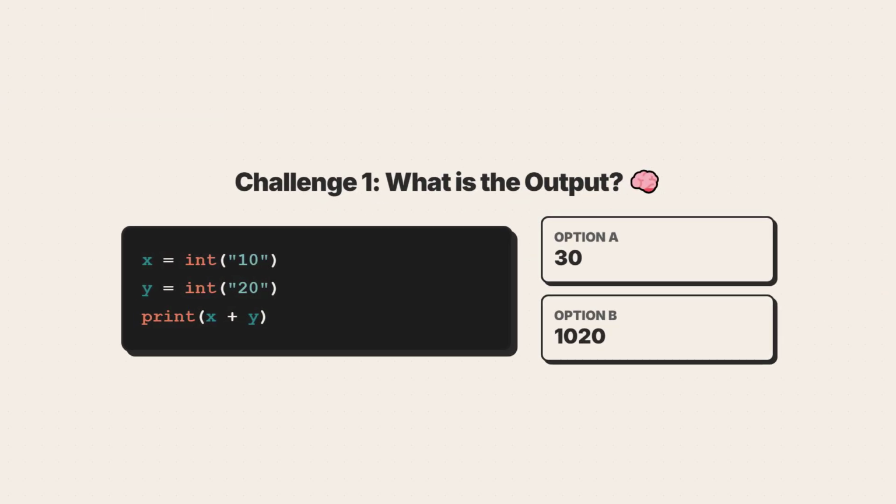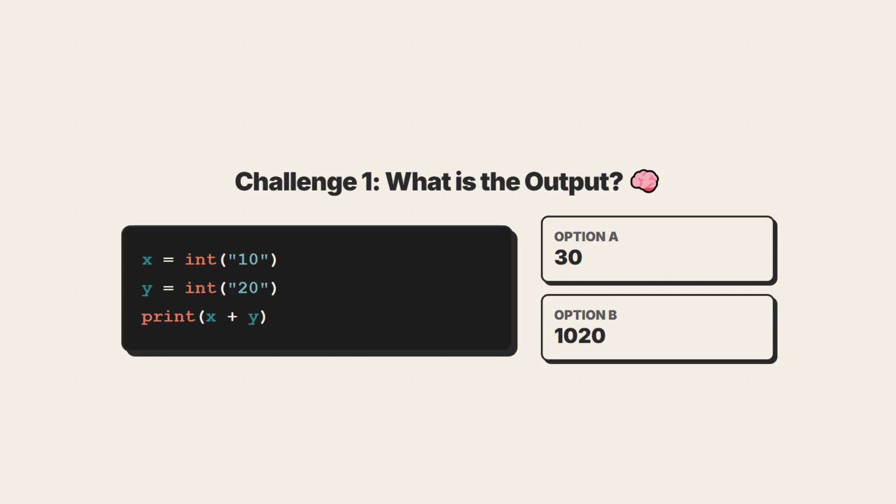Before we finish, let's test your understanding with 2 quick challenges. x equals int(10), y equals int(20), print x plus y. If we run this program, what is the output?